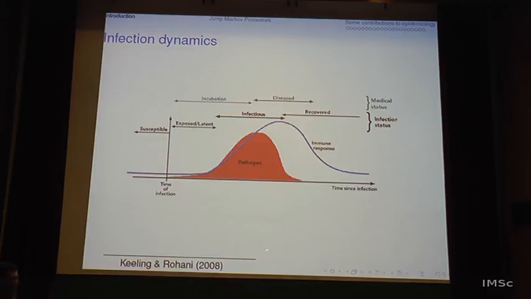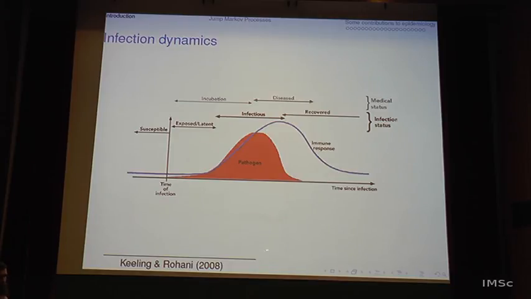So we can summarize what a model does by looking at the history of infection within an individual, and that will help us to describe what a model does. Usually you become infected at this time, and then initially you have a viral load that starts to increase slowly.